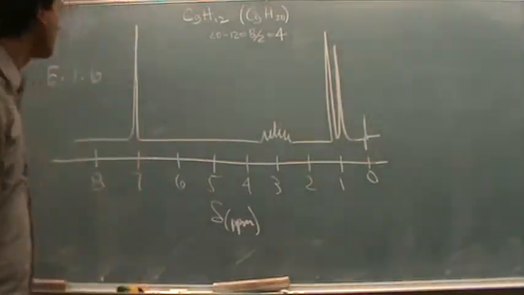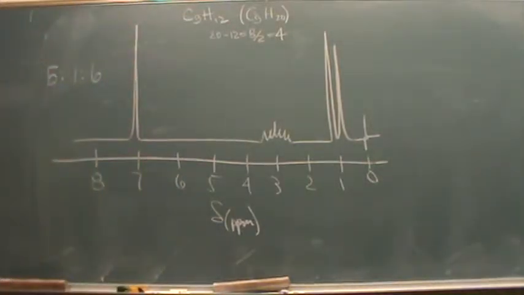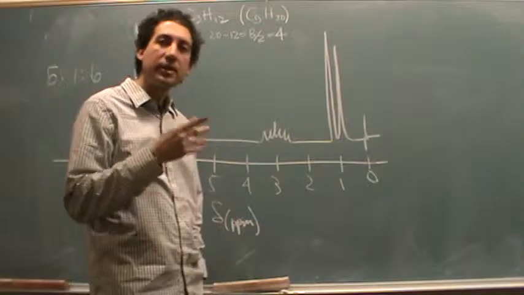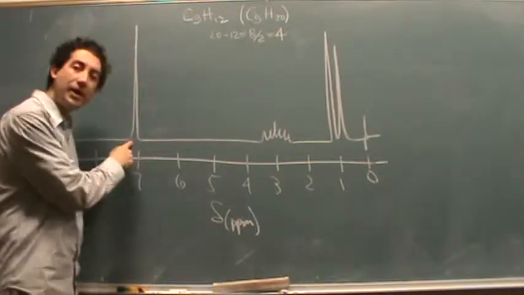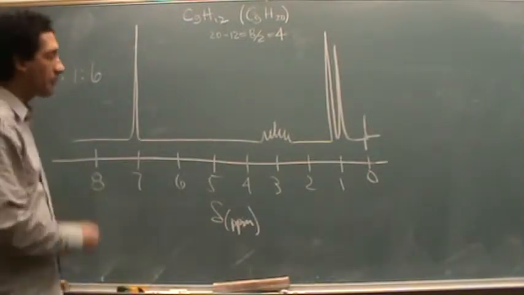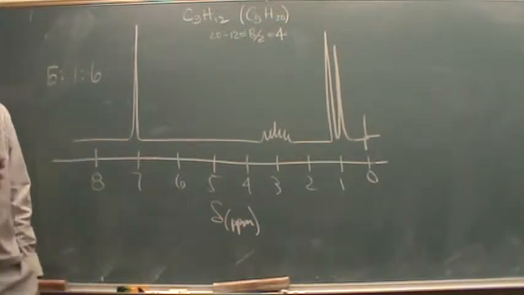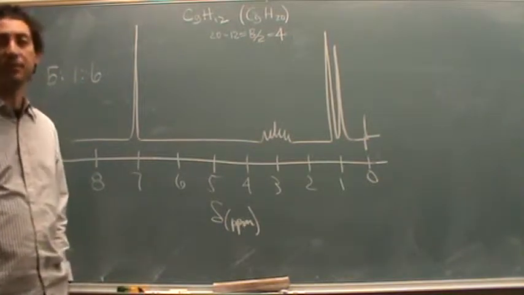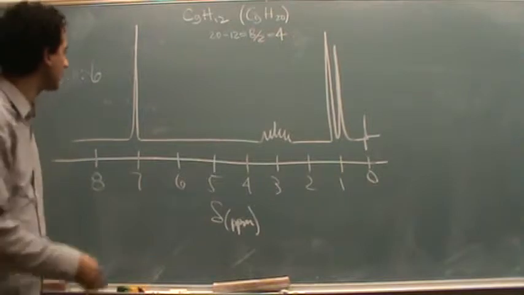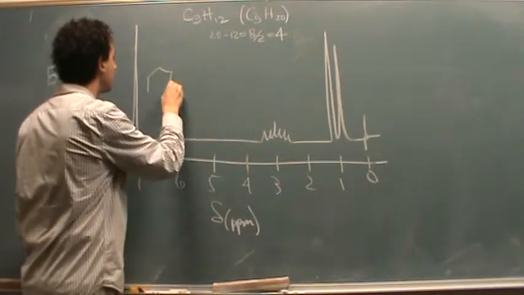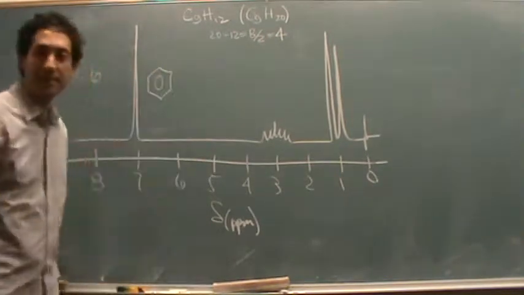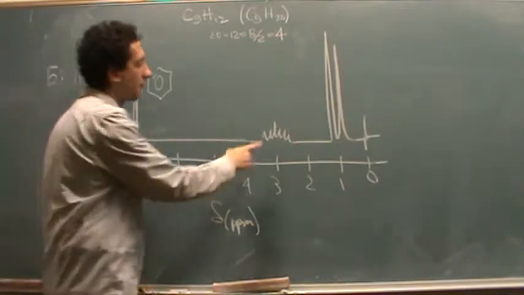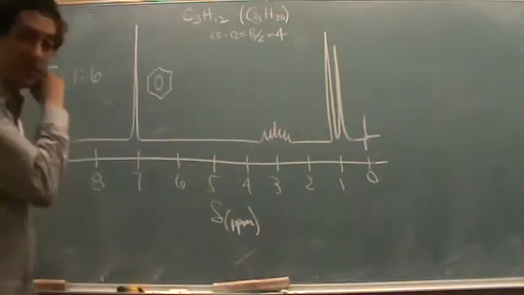Now, another thing that clues me in that there's rings or double bonds, I have a peak way up here at 7. Whenever you have a peak pretty high up, I start to think of a benzene ring or some sort of aromatic, okay? So this clues me in. And then I have a multiplet and a doublet, so I'll have to see what to do with that.